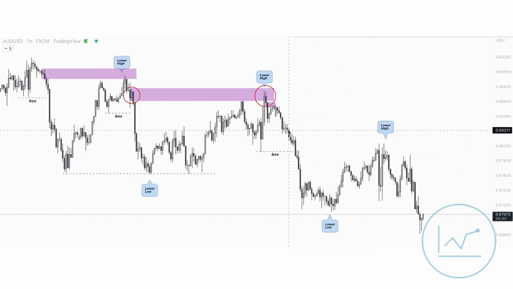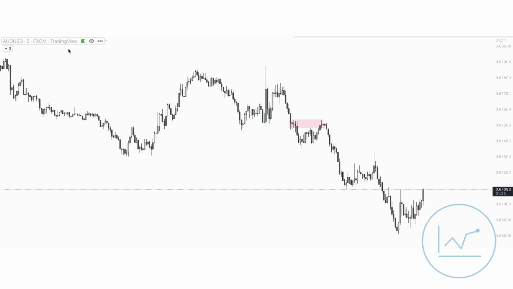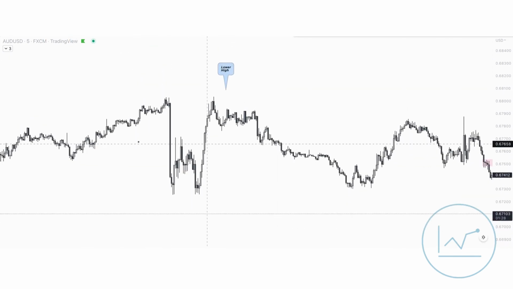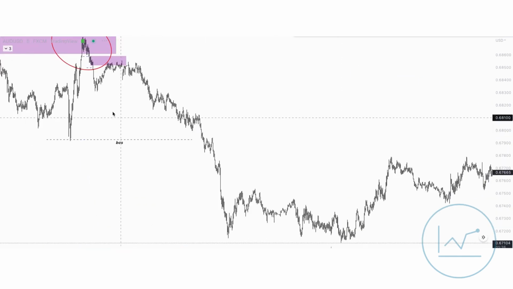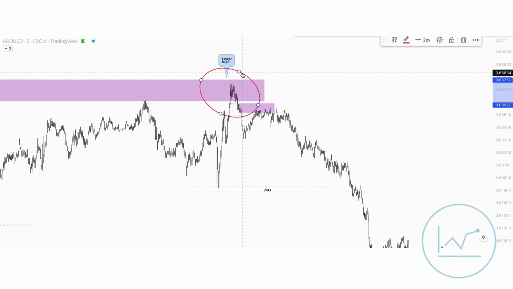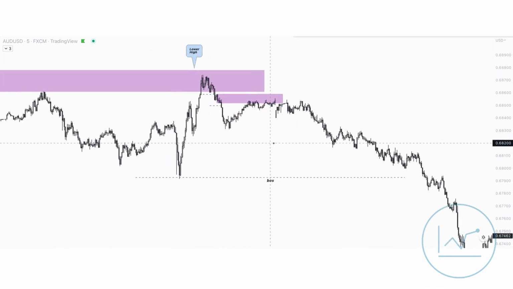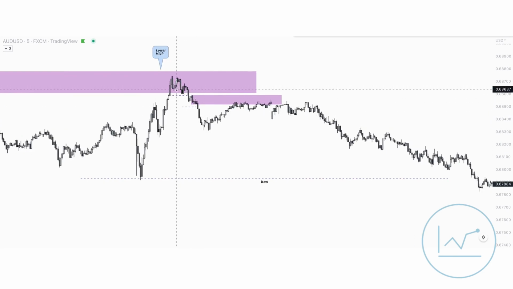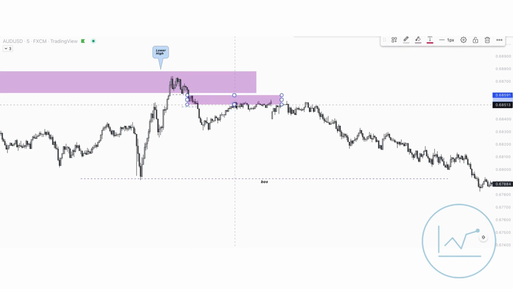So it is recommended to check confirmation at lower time frame. So when we try to check this at lower time frames, like for example in 5-minute chart, you may see a much clearer bearish structure here, where there's a supply created within the lower time frame.